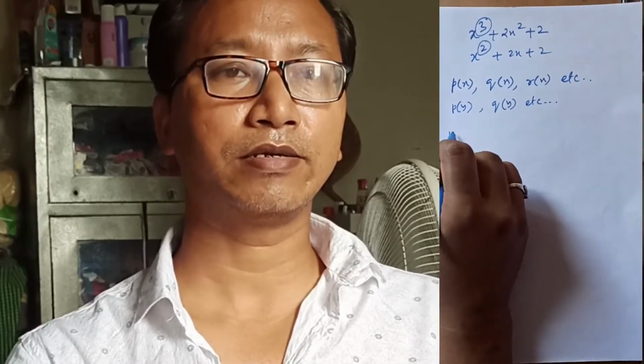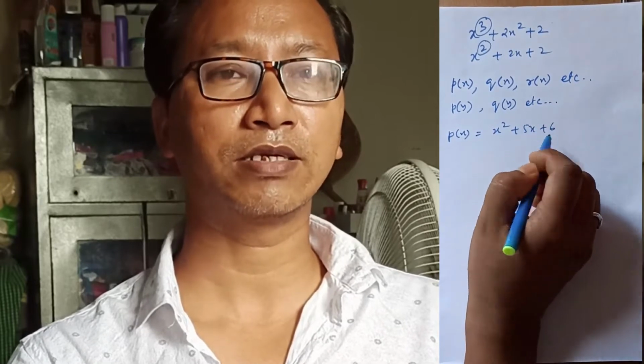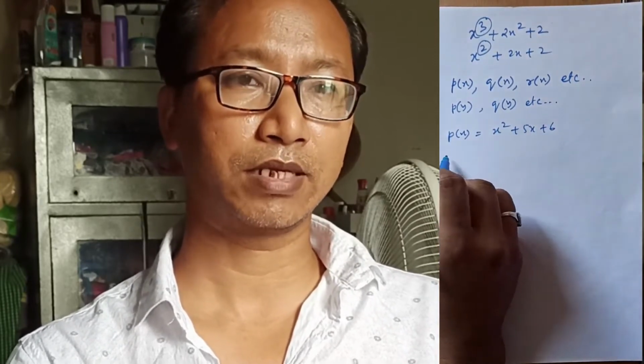Now, values of a polynomial for different values of the variable. For example, let us take the polynomial p(x) as x square plus 5x plus 6. Now, we can find different values of the polynomial p(x) by assigning different values of x. Let us check it.